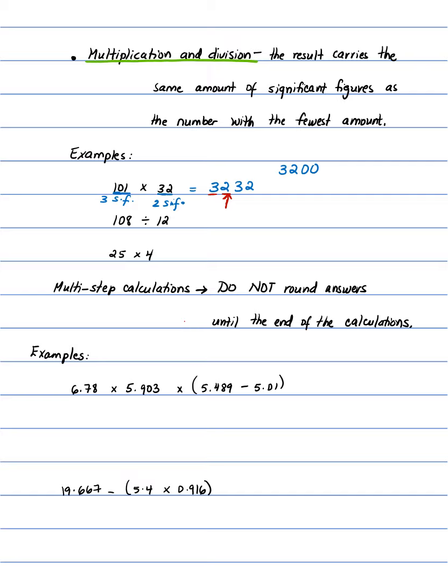That number represents the same magnitude in the thousands as the number that you're getting from the calculator, but it's the number with the correct amount of significant figures. This is one way. Another way is to convert your number to scientific notation.